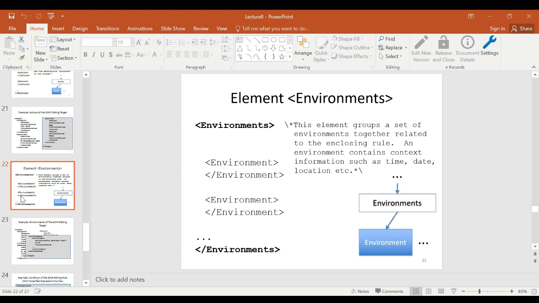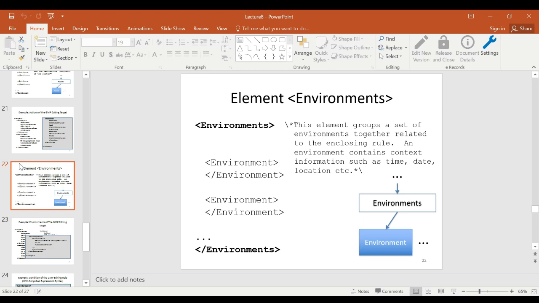So it's a generic placeholder where, if you wanted to include other information related to the rule that you're writing, and you cannot classify or describe that information as either information related to subjects, resources, or actions, then you can use the environments attribute as a generic placeholder for you to include that additional information.